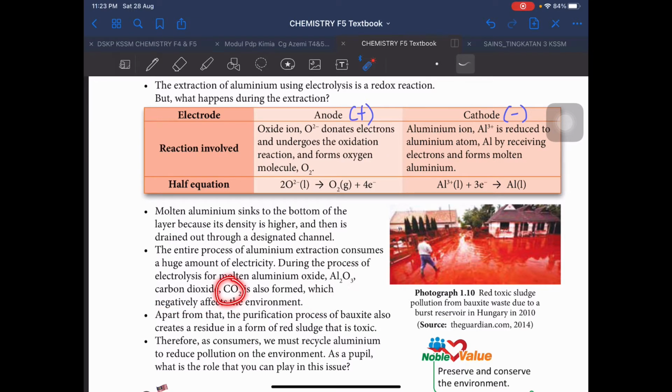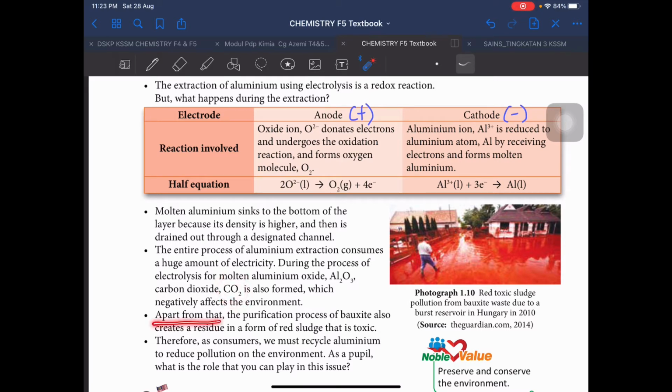You know the effect of carbon dioxide, right? Global warming. When we burn things in open burning, we also release carbon dioxide. So electrolysis of molten aluminium oxide also causes environmental pollution, which is global warming, because of the carbon dioxide.